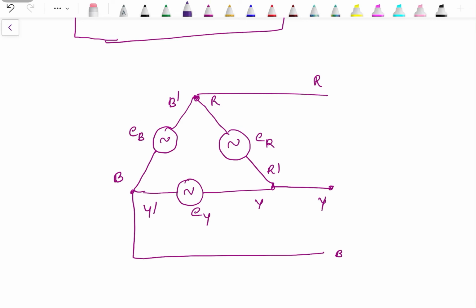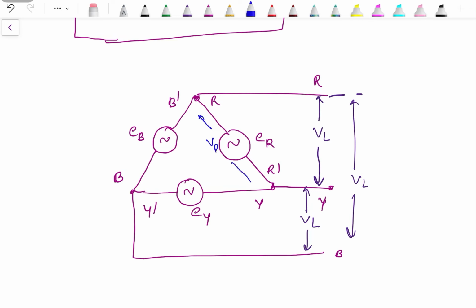Now the potential difference between any two terminals or two lines is line voltage. This is line voltage. This one is also line voltage. And the voltage induced in between the phase is phase voltage.